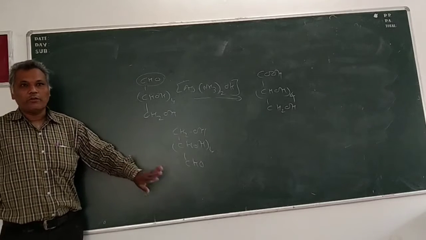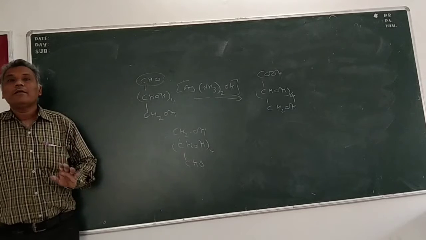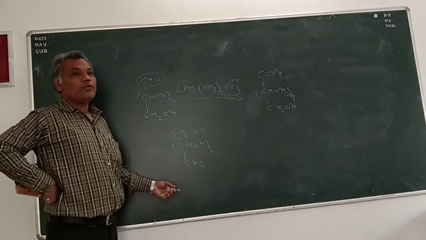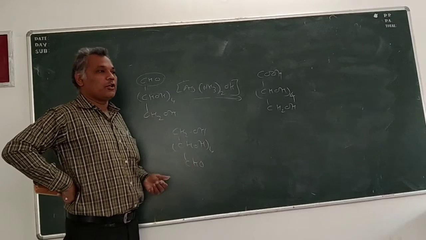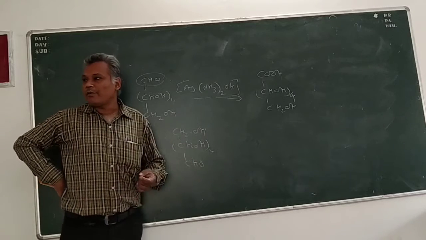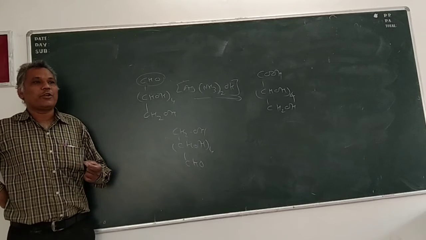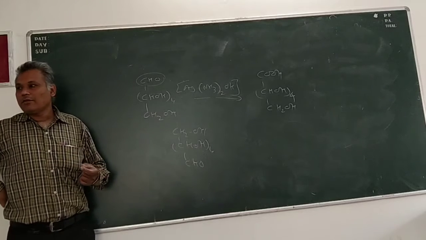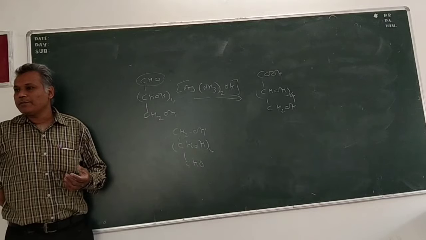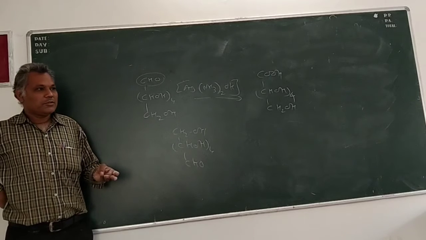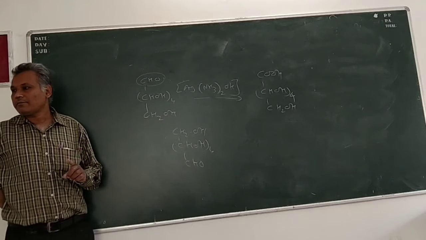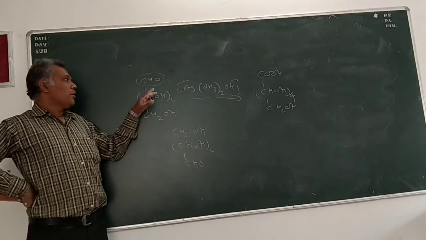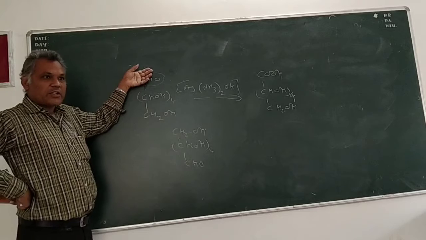I know it's always first. Reactivity of CHO group is more than OH or other functional groups. So carbon should be numbered in such a way that it gets the least number. And as per the nomenclature rules, CHO, COOH, CONH2 are always first. Right? Okay.